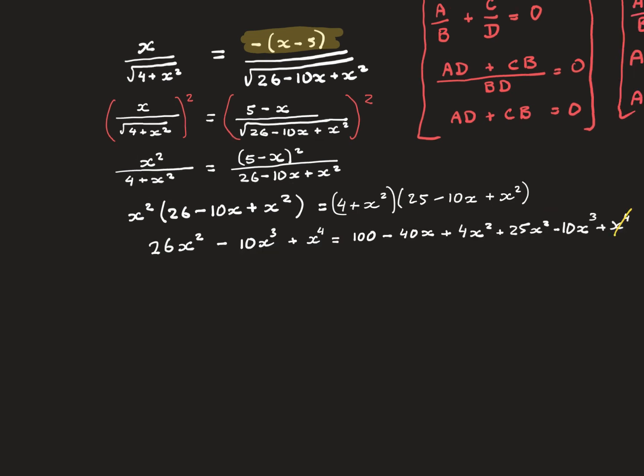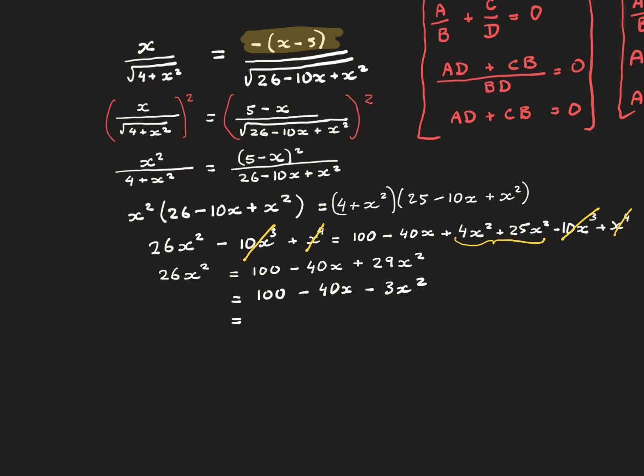And I can see that that x to the 4 and that x to the 4 can cross off, and I'll add these two together and I'll just get 100 minus 40x minus 3x squared, which is easier to read in this manner here.